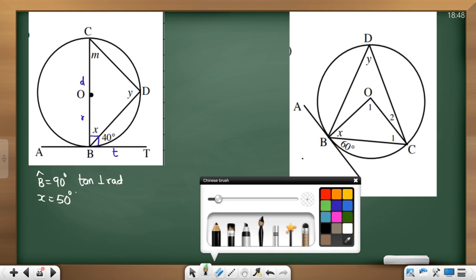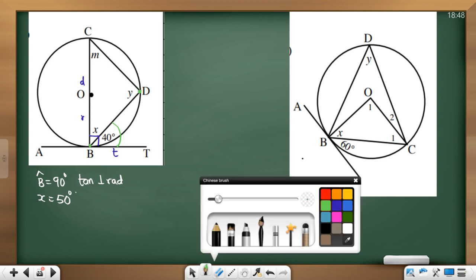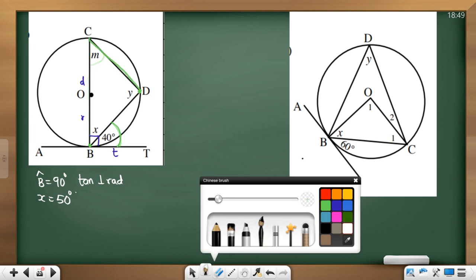Now, look at this. The angle between the tangent and a chord. Which chord is this? Chord BD. Oh, I see that BD actually goes to the alternate segment and forms M. Therefore, M must be equal to that. We're done. Sweet, sweet maths.